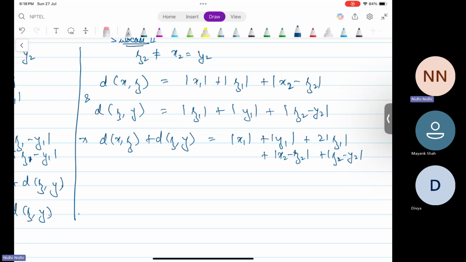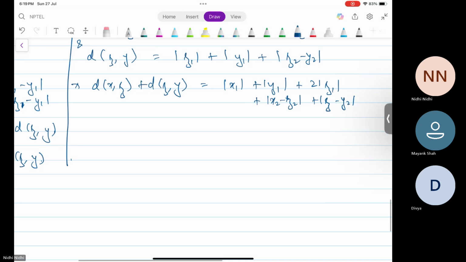Now again we'll be using the triangle inequality property of modulus. This is greater than or equal to mod x1 plus mod y1 plus 2 times mod z1 plus mod x2 minus y2.